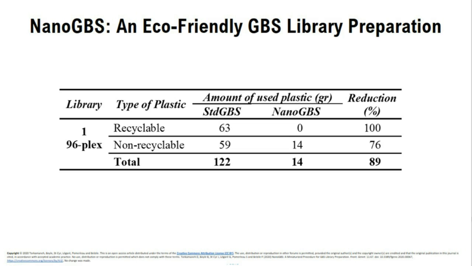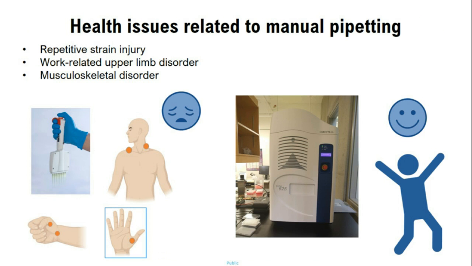But finally, we have some health issues related to manual pipetting. You may say that it's not a big deal, and if you are using just one plate, that's okay. But in a lab like ours, when we are pipetting 50 to 100,000 reactions per year, the quantity of work is quite important.